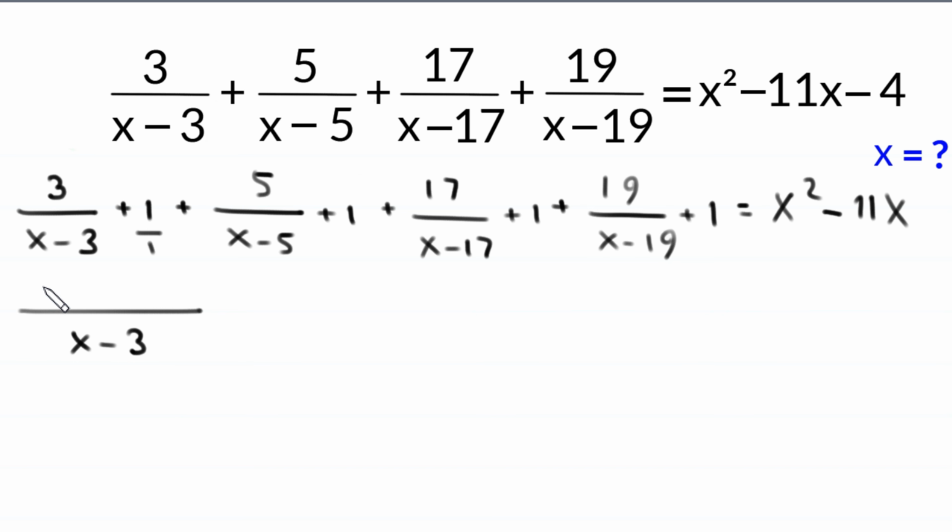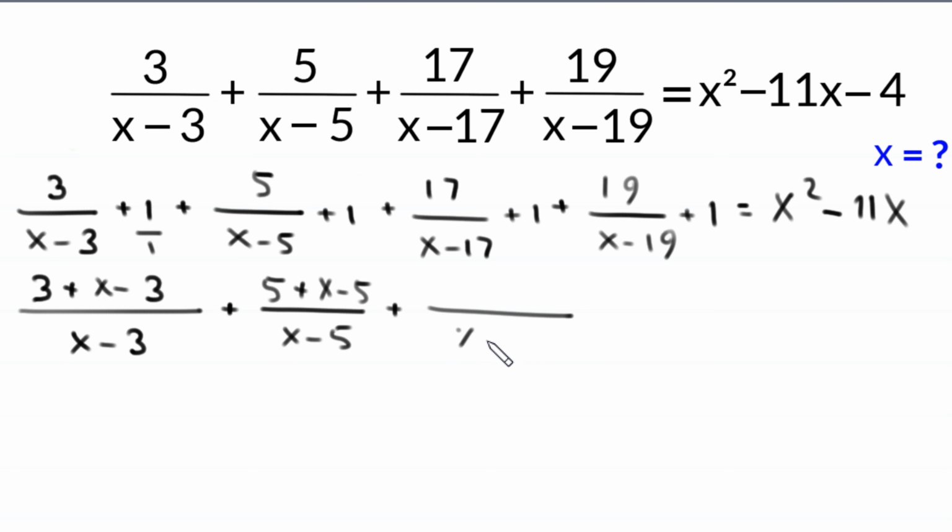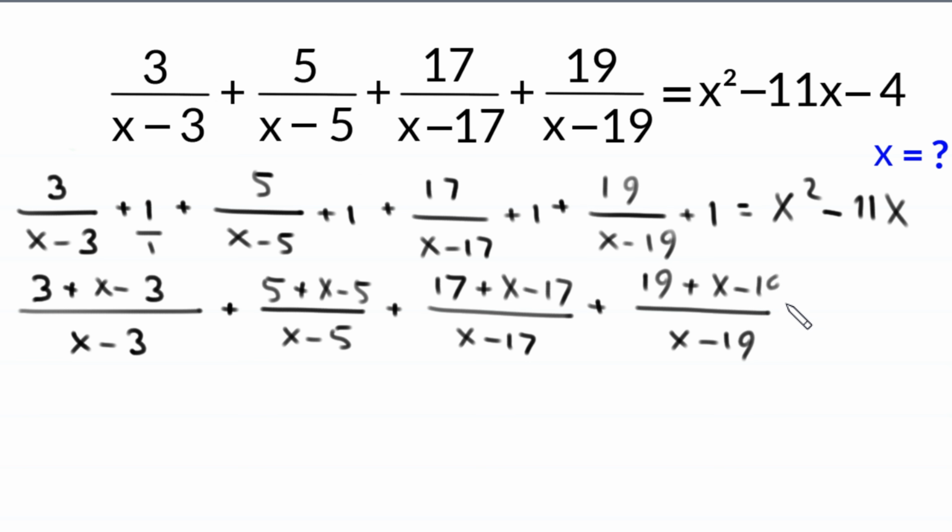So this will become 3 plus x minus 3, and in the same way, this will become x minus 5 plus x minus 5, this will become x minus 17 plus x minus 17, and this will become x minus 19 and 19 plus x minus 19, equal to x squared minus 11x.